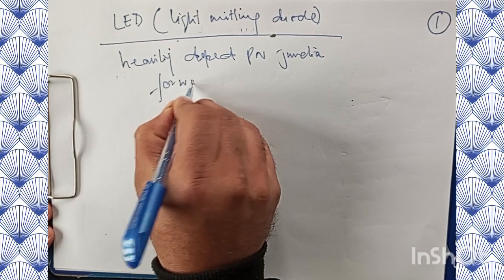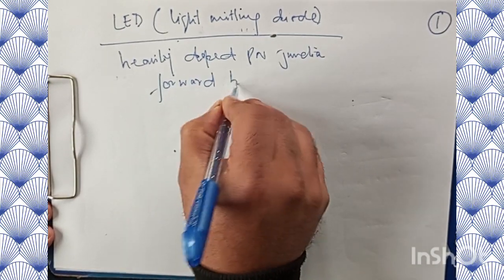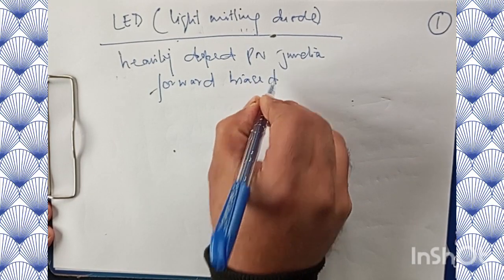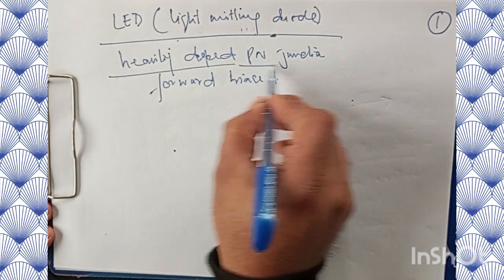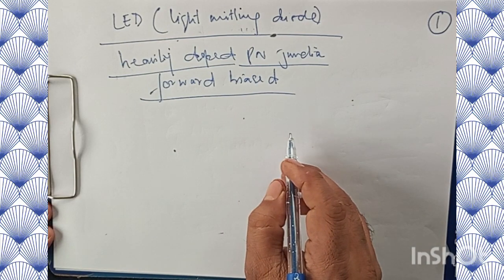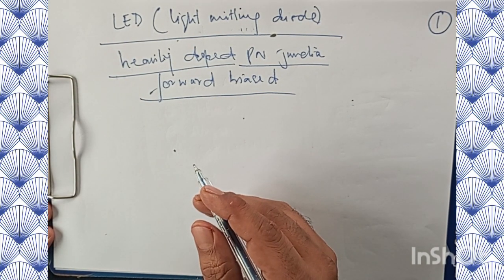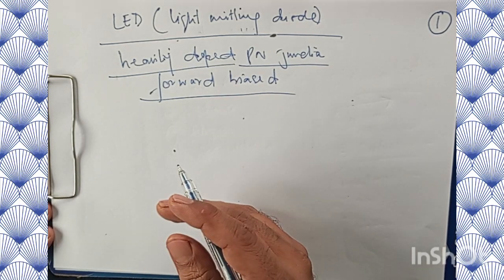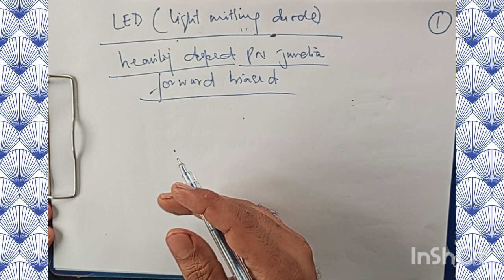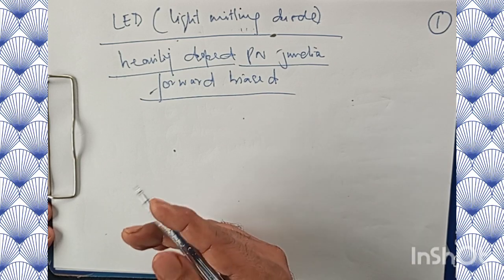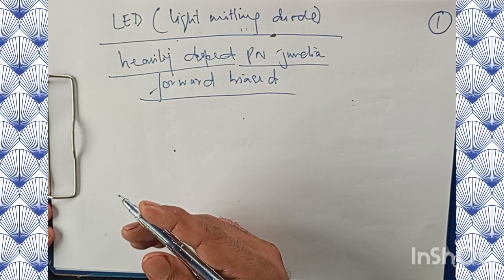So when we forward bias a PN junction which is heavily doped and is specially designed, then it emits spontaneously radiations in the forward biasing mode, and this device is called a light emitting diode.